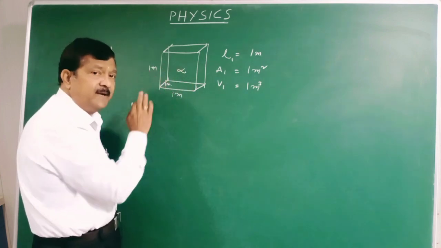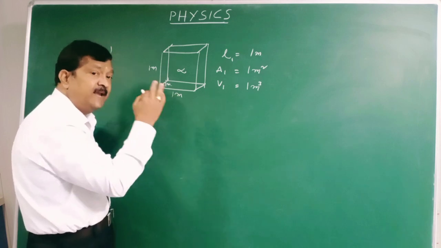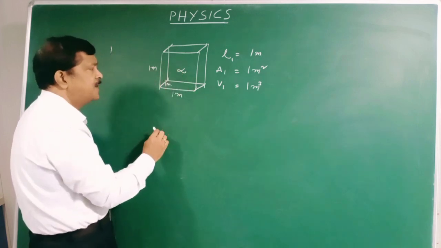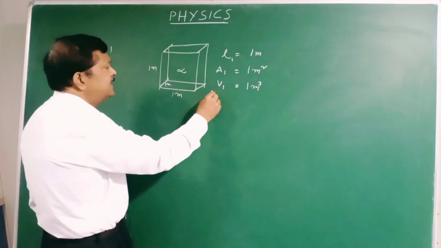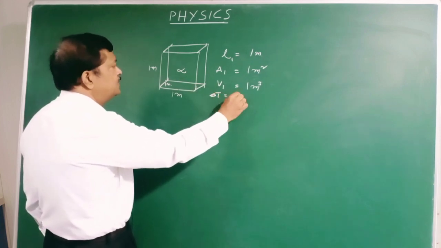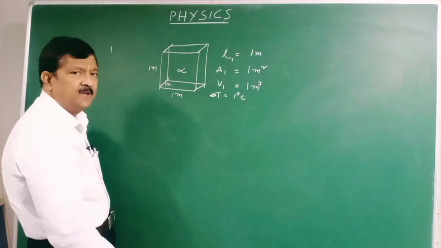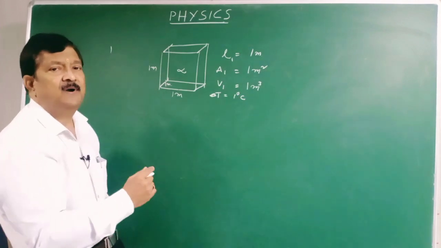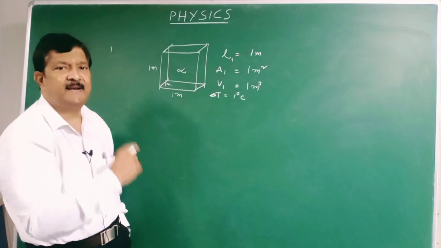It is made up of a material whose coefficient of linear expansion is alpha. Now I am increasing the temperature of this body by 1 degree centigrade.